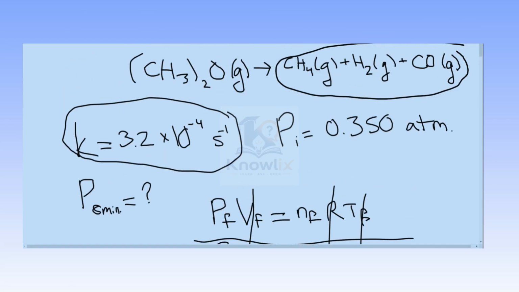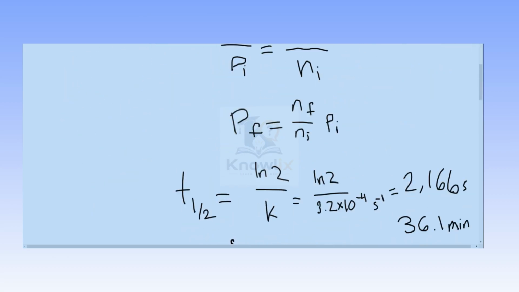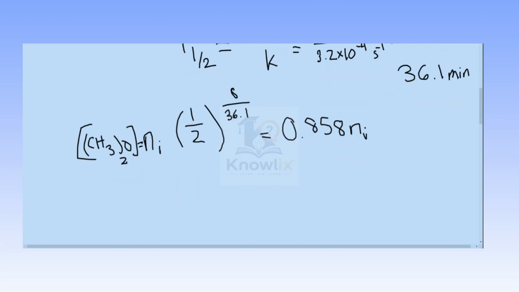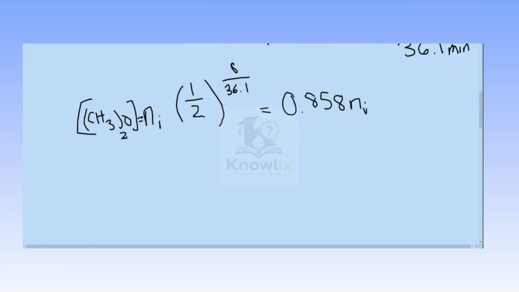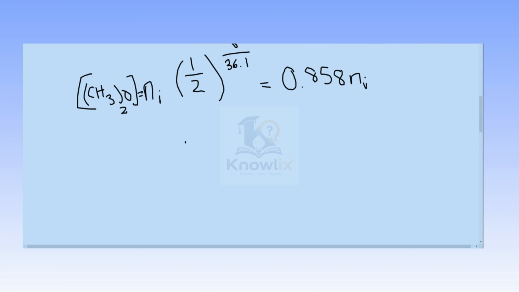So for every 1 mole of dimethyl ether that's reacting, it produces 3 moles of gas. That means if we subtract this from 1, we will see that we have 0.142 of the initial moles reacting, and that will produce 3 moles of gas.